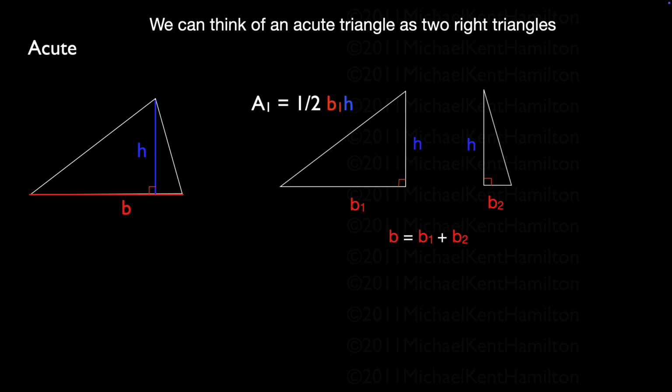Each of these triangles will have area given by the area of a right triangle formula.